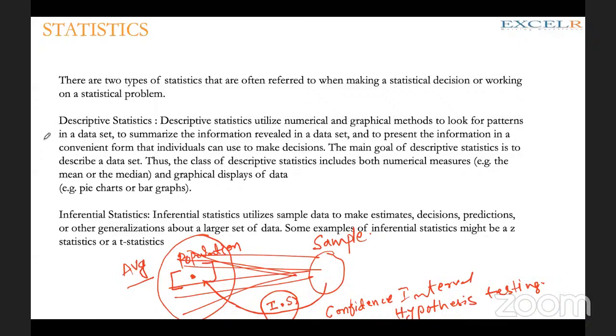Descriptive statistics would be applied on the sample data, and we understand the insights about the sample data. But inferential statistics we would apply on the sample data, but we would comment about the population. We will try to estimate the population parameter. That is what inferential statistics is.